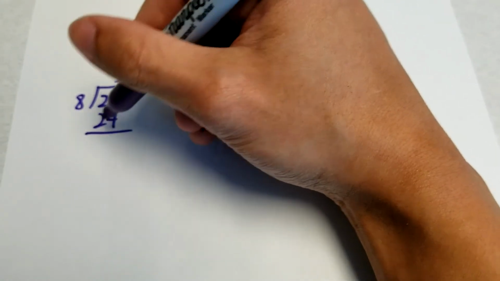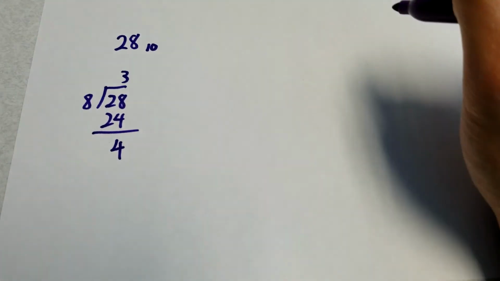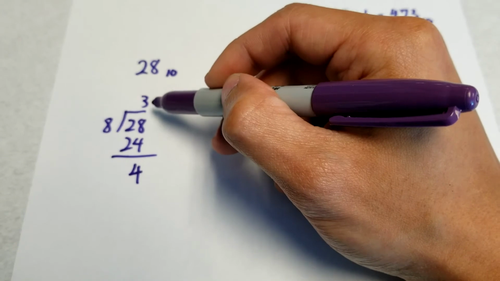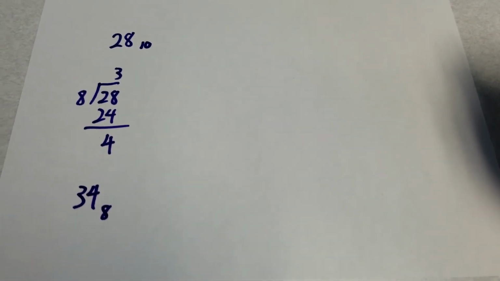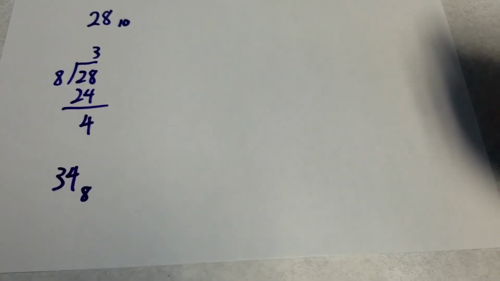So 8 times 3 gets you 24, and then 28 minus 24, you get 4. So we'll take this number, make sure the number is smaller than 8, and then take the remainder. So that means the number is going to be 34 in base 8.